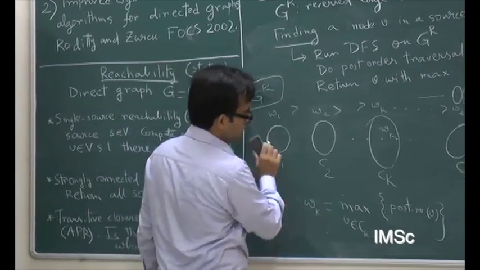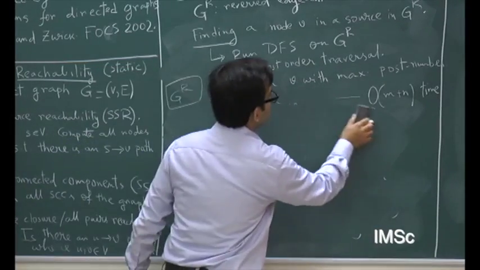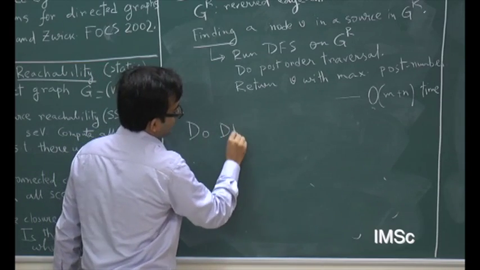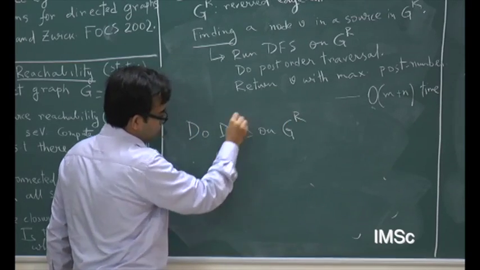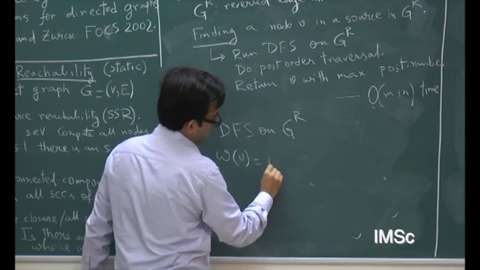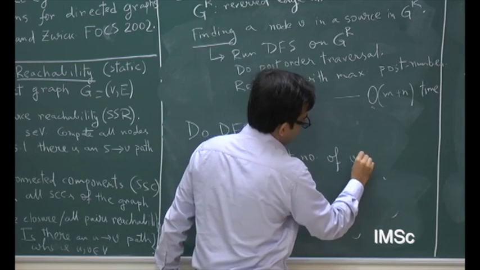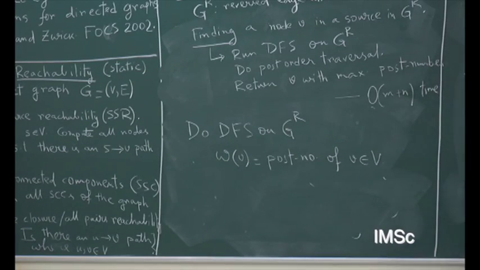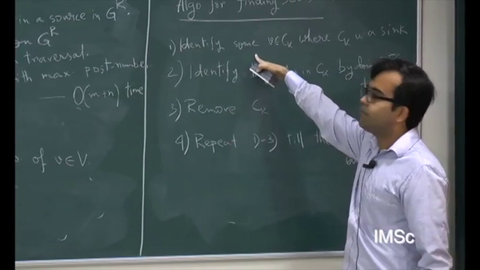Let me just say something else. Do DFS on GR, okay? Then just define these quantities, WV, the post number of any node V. Now step 1, identify... Now here it's the original graph, and you just need to implement step 1.